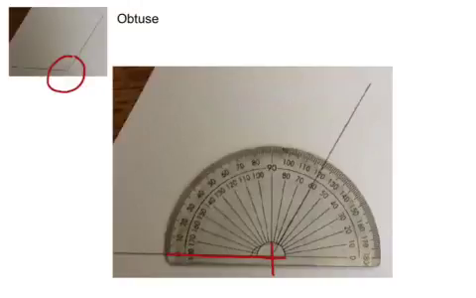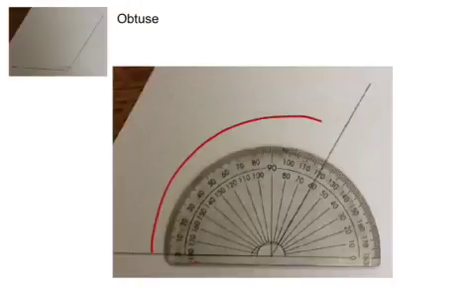Okay, so my protractor is now in place, and I'm going to read off where that second arm goes along my protractor. Now, this time I need to be a little careful again. This time I'm measuring all this angle here. And so I'm starting at 0 and working my way round.